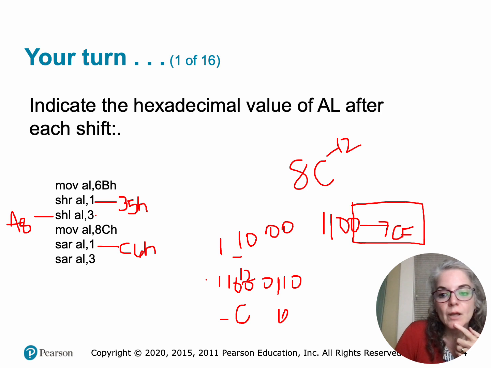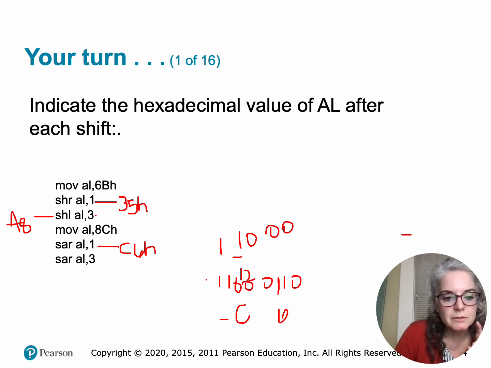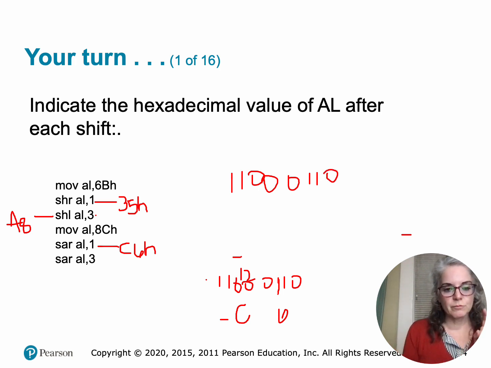So when we do that, let me just show you, make sure you understand this part. This is C6 right here: 1, 1, 0, 0, 0, 1, 1, 0. When we shift to the right 3, we're shifting these 3 to the right.